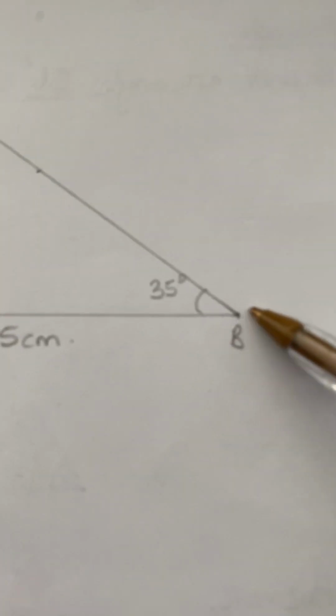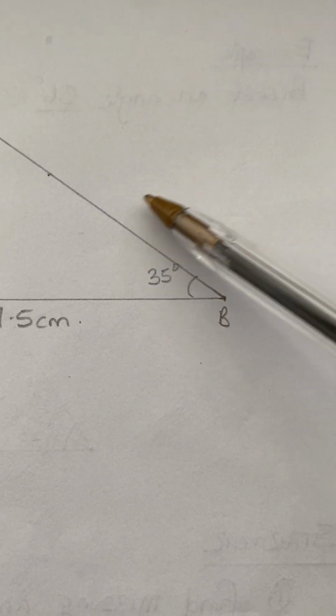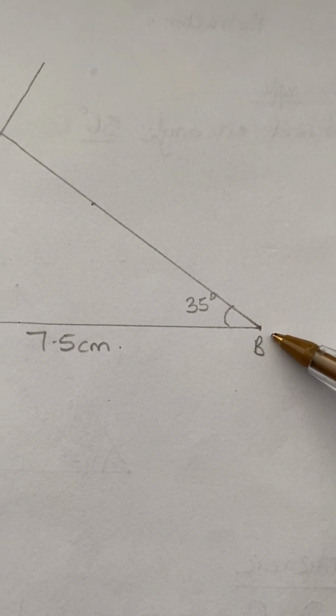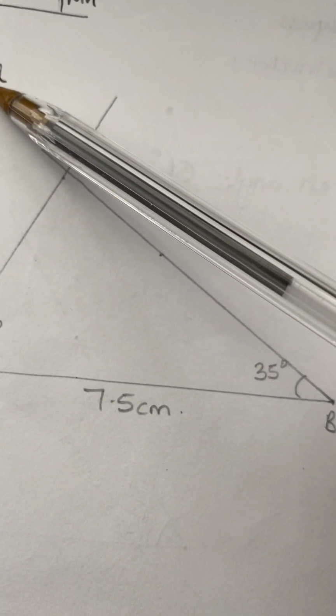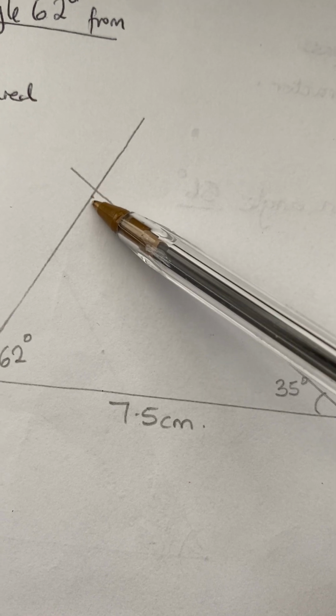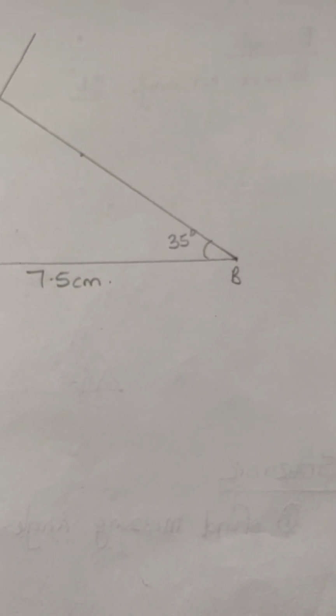Then with my second angle, I use the protractor to measure 35. So I've shown you how to measure it. Then I'll extend it a little bit. Where they cut is where the third angle will be, and then I've got my triangle.